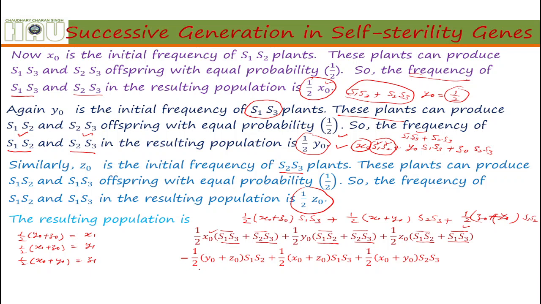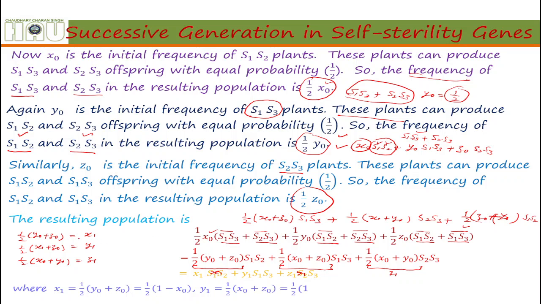So if I substitute here, I mean to say X1, here Y1, here Z1. So the resulting population will be X1, Y1, Z1 like this. So where you can write all these things I have explained.